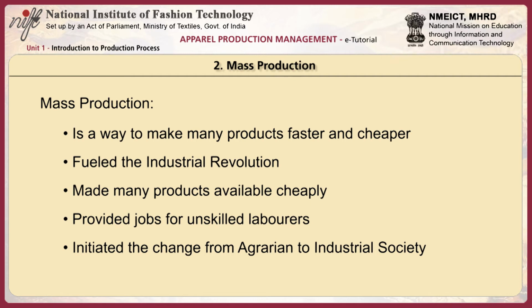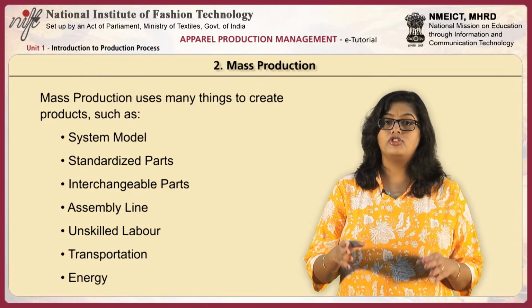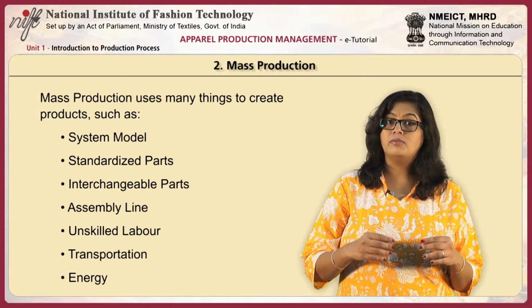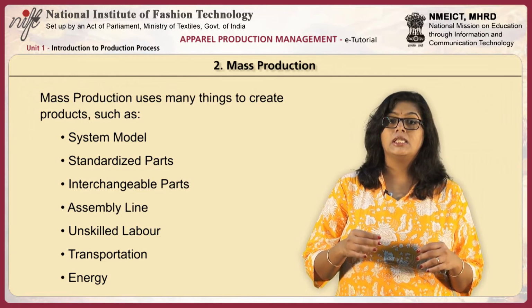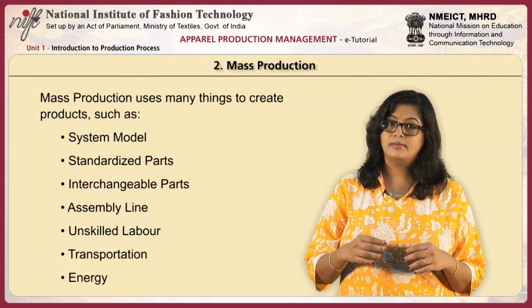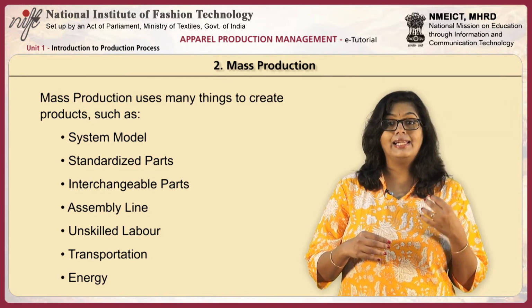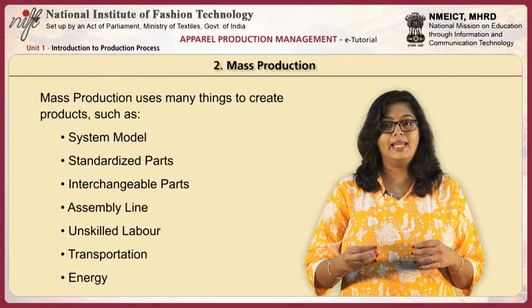It is involved in change from agrarian to industrial society. Mass production uses many things to create products like system model, standardized parts, interchangeable parts, assembly line, unskilled labor, transportation, and energy.